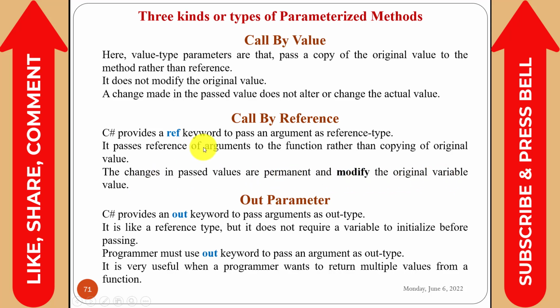The ref keyword directly interacts with the memory where you have actually stored your variable, directly interacting with the storage. That's why we say it passes the reference of the data. In call by value, it passes the copy of the variable.